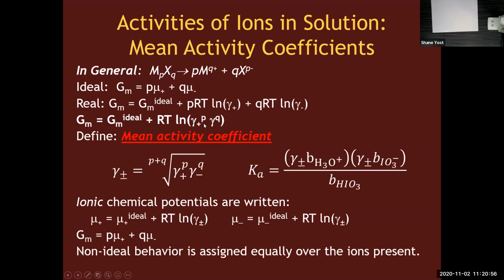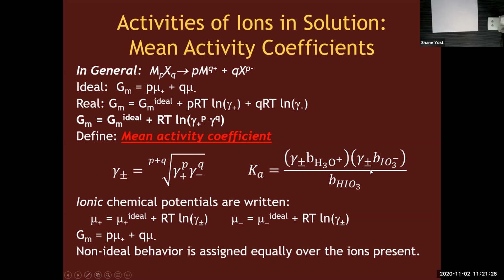And what I'm going to do is define what's called a mean activity coefficient, which is just the P plus Q root of that product of the activity coefficient of the anion times the activity coefficient of the cation. Okay, and I'm going to use that mean activity coefficient, that average activity coefficient, for both the cation and the anion in my solution.